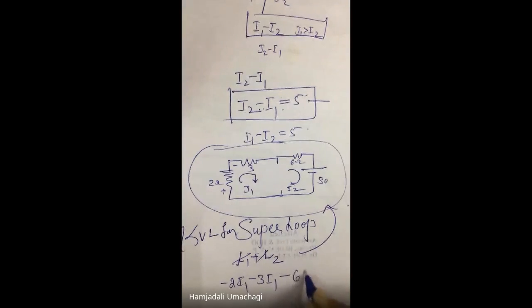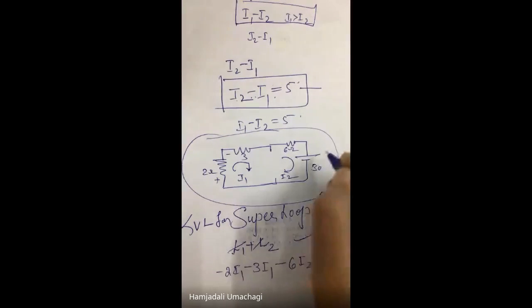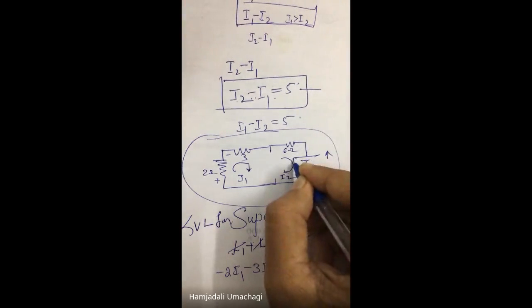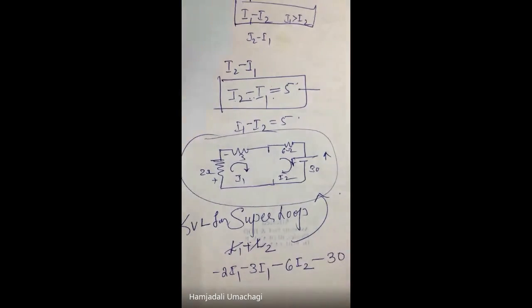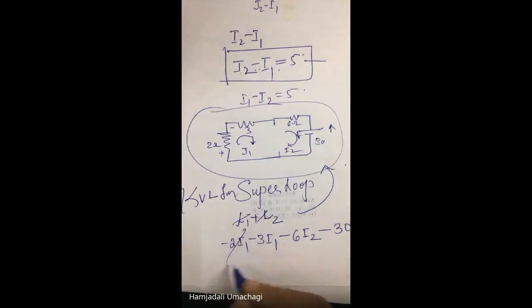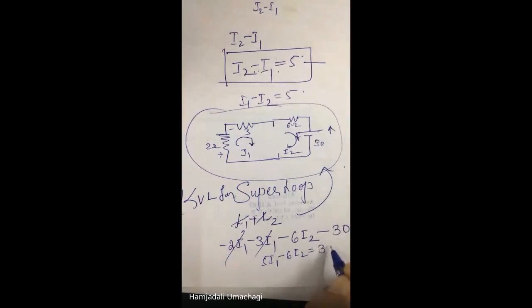That is minus 6 I2. Okay, what is the direction? This is in this direction, this is in this direction, so both are in opposite directions. 30. Okay, now what is this? This is 5 I1 minus 6 I2 equal to 30.